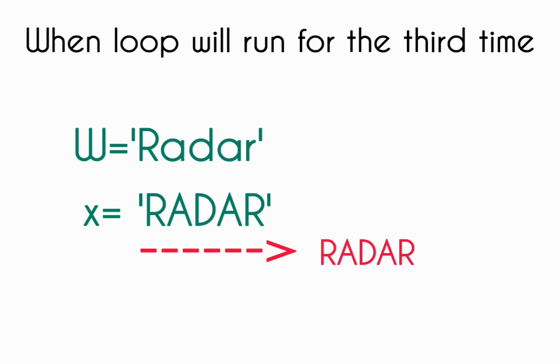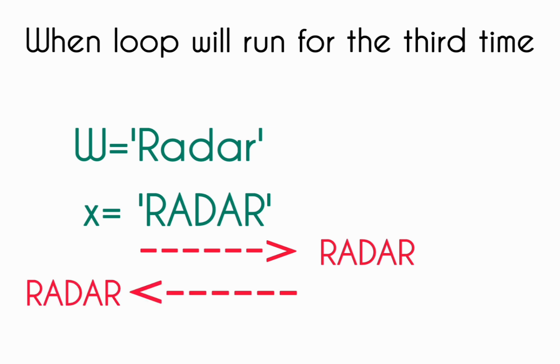Now first we have to check the condition of the if statement, and if it is wrong then we go to the else condition, but first we check the if condition. So first we will see this word from the left side. If we read it from the left side, we read it as radar.